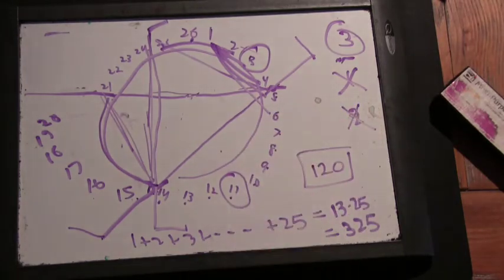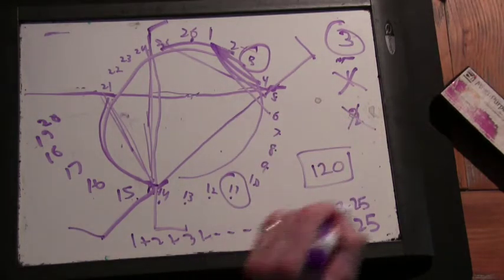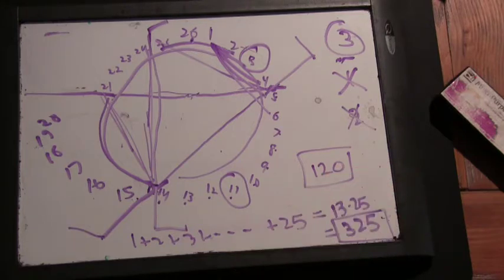With a group of 16, I get 120 connections. And I need to get up to 325. So you might think now, maybe I can do it with 3. I can get 360.